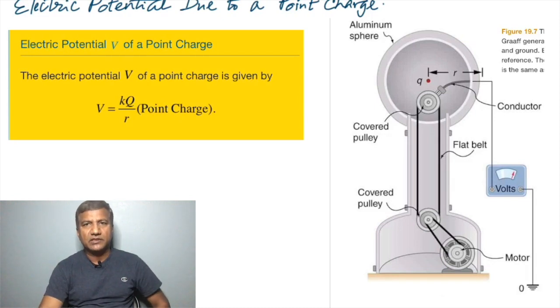So electric potential due to a point charge is kq by r. Remember that k has a value 9 times 10 to the 9.